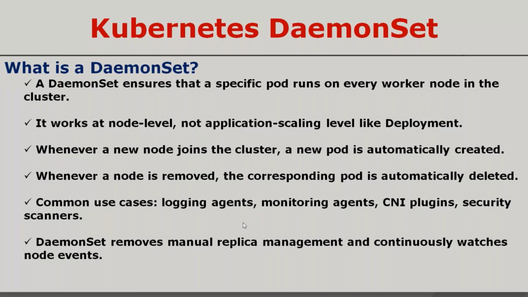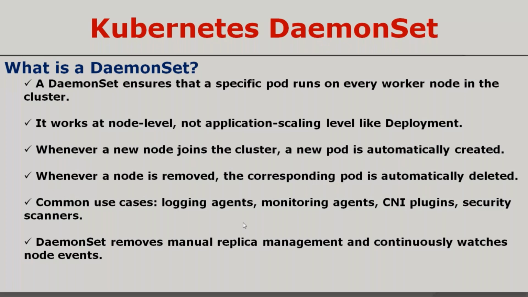Okay. So, coming to the final summary, let's wrap up this session. Let's summarize the DaemonSet clearly. A DaemonSet works at the node level. It ensures one pod for one worker node. It does not use replicas, and it automatically recreates pods on node add or node delete events.